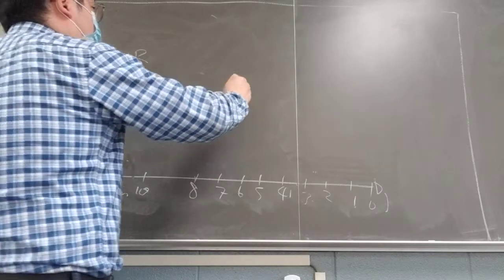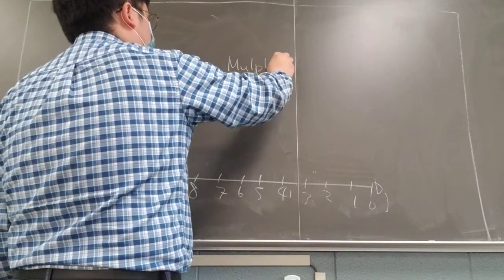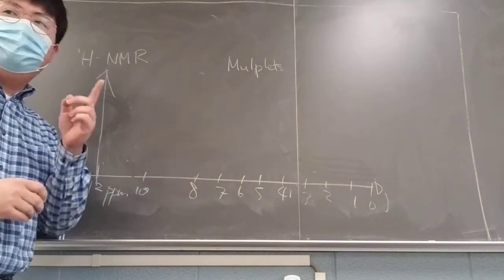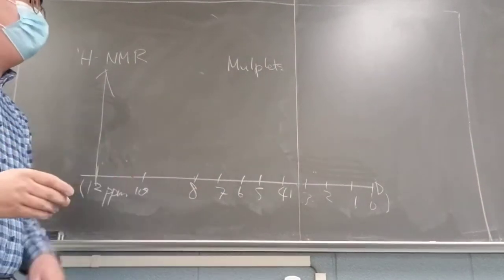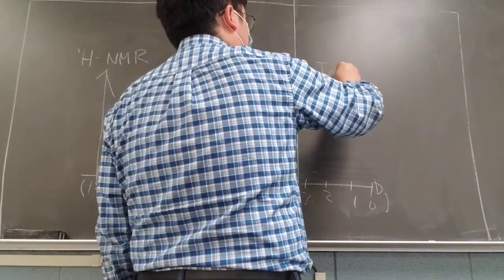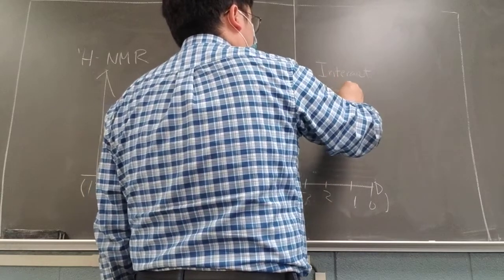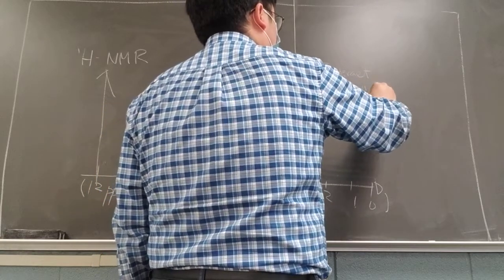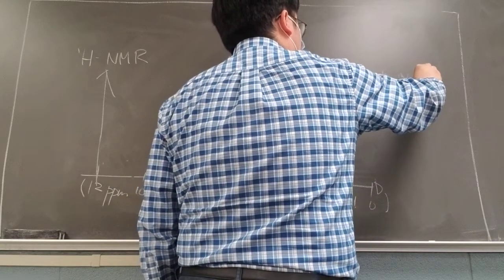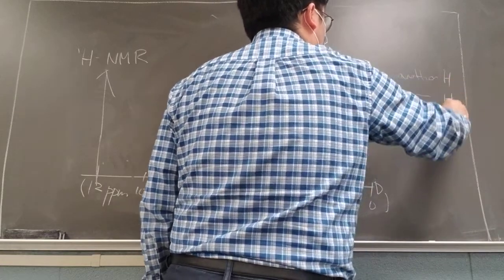Then we're gonna see some multiplets. Okay? So meaning, even though there's a signal, it's not just one peak. There might be several peaks because they're going to interact. Some people call this coupling to other, neighboring protons too.